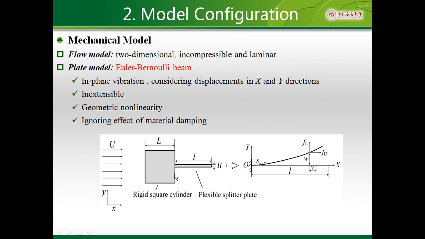When this cylinder plate body is placed in a uniform flow, vortices will be shed from the cylinder surface as long as the Reynolds number is not too low. Excited by the vortices on the two sides, self-exciting vibration of the plate can be induced.